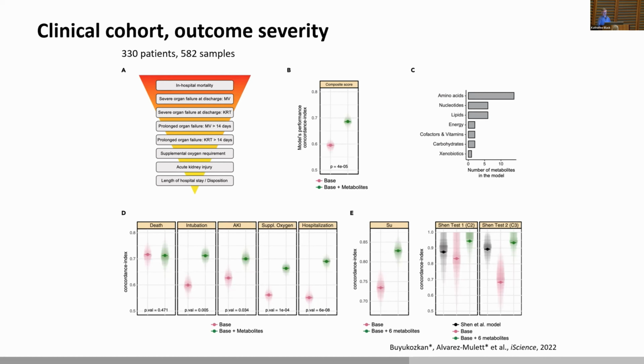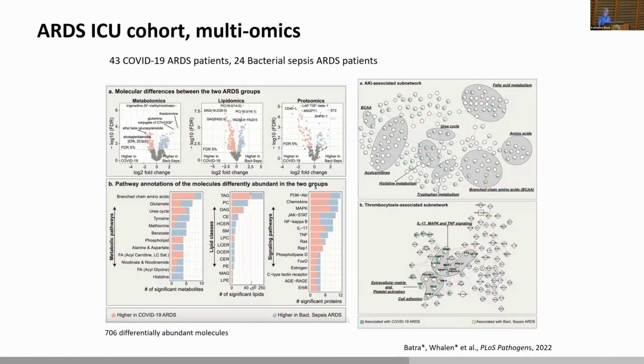We also applied the same model, or a sub-model with 6 metabolites only, that is still pretty predictive in other cohorts that were published on COVID, and performed pretty well there as well on their respective definitions of severity, which were different from ours. One was binarized and one was the 6-category WHO one. And in the one with the black bars, we were even better than their own model in their own data.